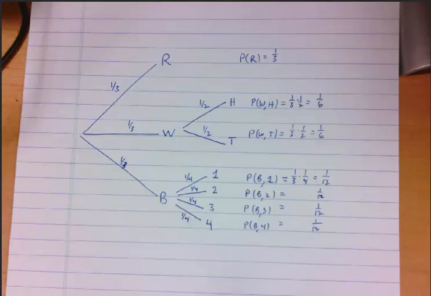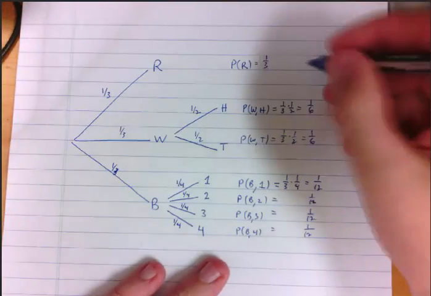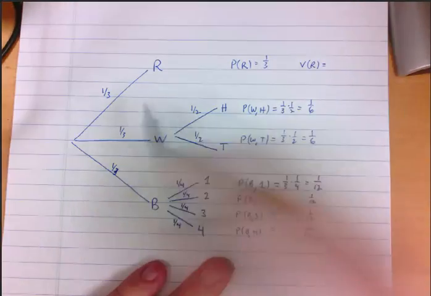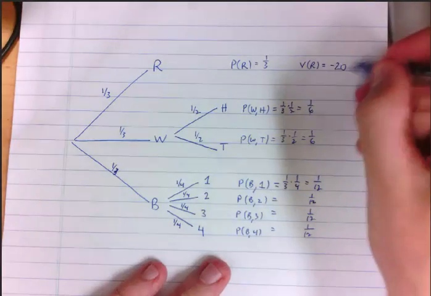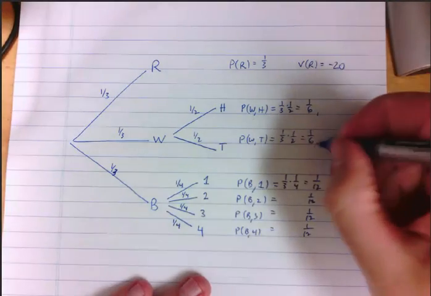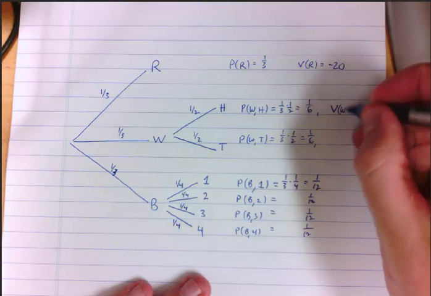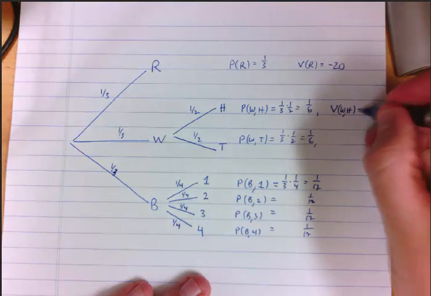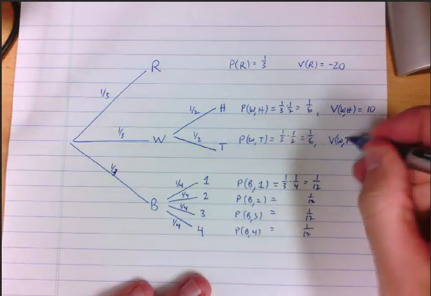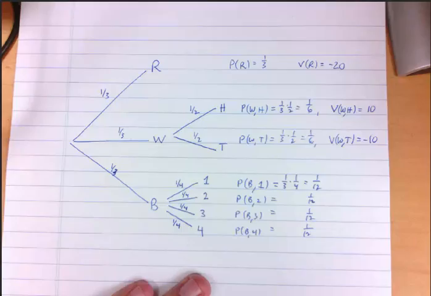Now we want to find the value of each outcome. So the value of red, we said that we would lose $20. So it's -20. We'll stick the dollars on later. The value of white ball with heads was $10. The value of a white ball with tails was -$10.